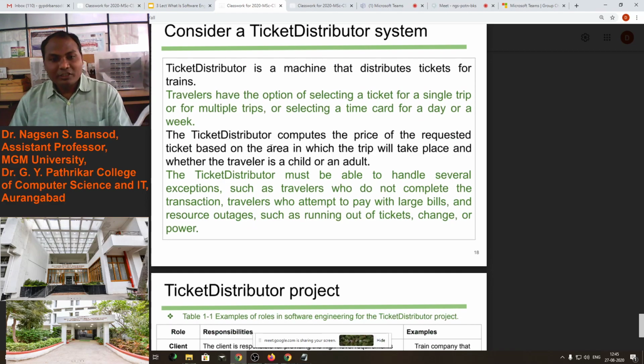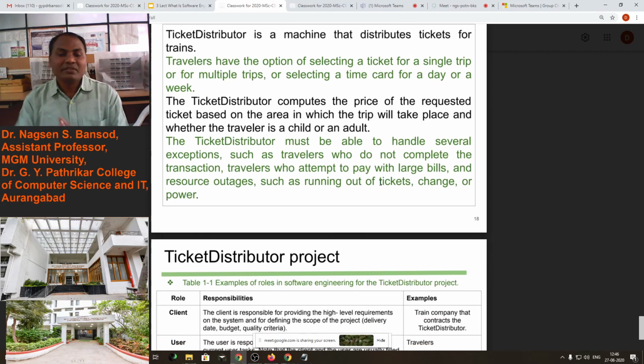The ticket distributor computes the price of the requested ticket based on the area in which the trip will take place, and whether the traveler is a child or adult. We know the price of a ticket will vary according to child or adult, or the place, according to our trips, how many trips you will take.